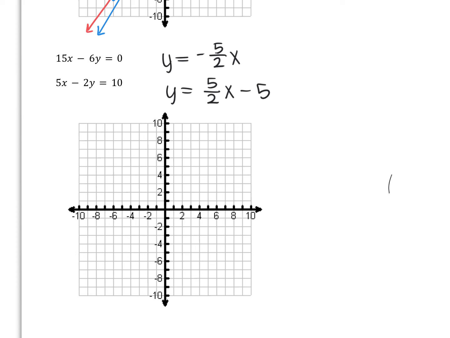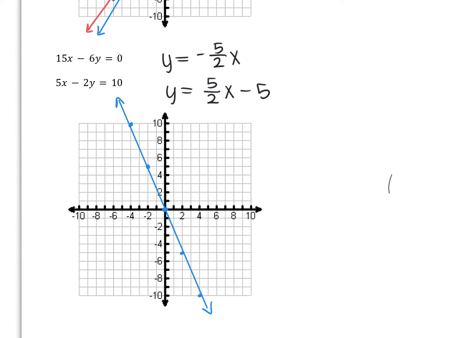Okay. So my first equation has a y-intercept of 0, and I'm going to go down 5 and then right 2, and then up 5, left 2. Connect my points.